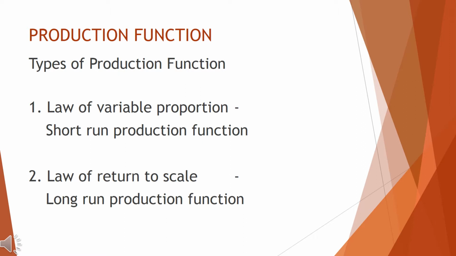In this case, the firm tries to increase output by increasing any one of the input, keeping other inputs constant. Second, production function with all variable inputs. This is a long run production function where all inputs are changed and the resulting output studied. This is otherwise called as return to scale.